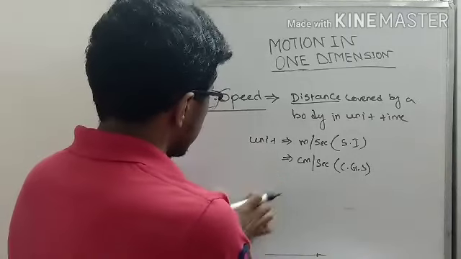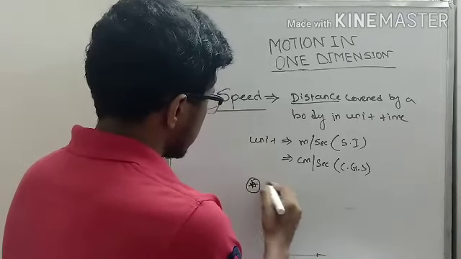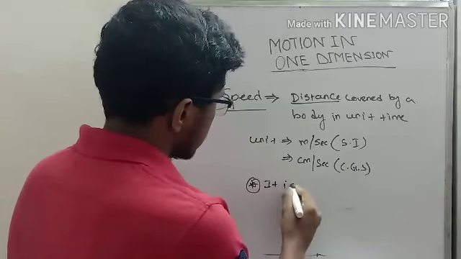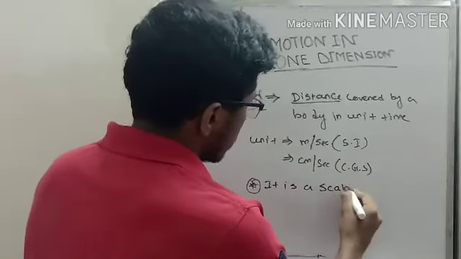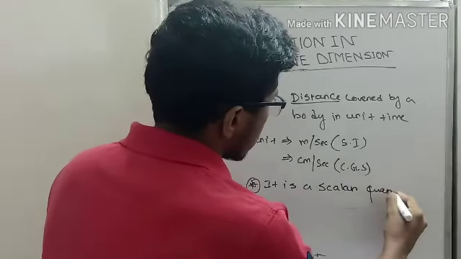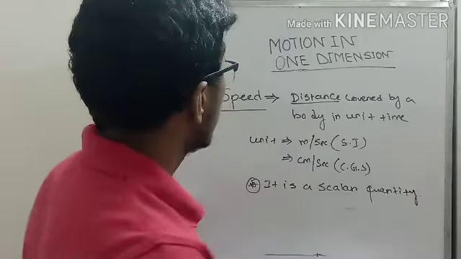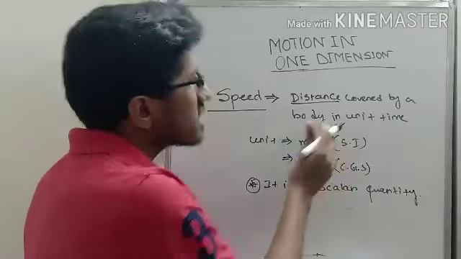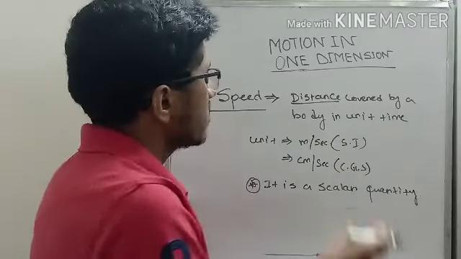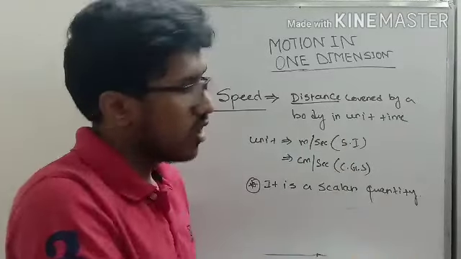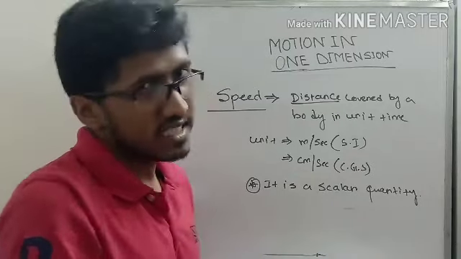This is a scalar quantity. Why scalar? Because distance is a scalar quantity, and we are saying distance covered by a body in unit time. So speed also is a scalar quantity.